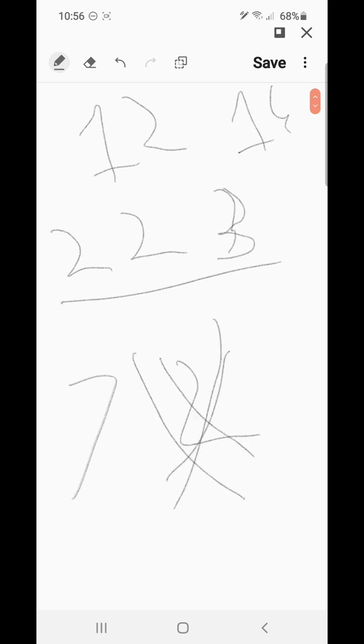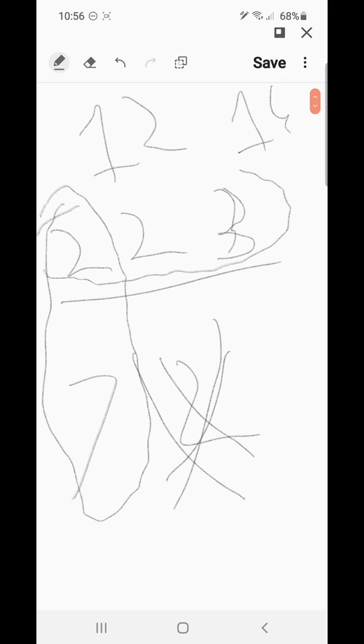Now the LCM means the lowest common multiple. Now I will explain. 2 multiplied by 7 is 14, and 2 multiplied by 2 multiplied by 3 is 12. So there are no numbers that are excluded.